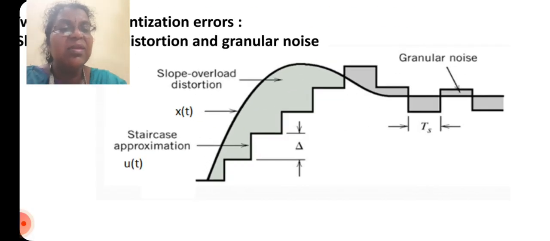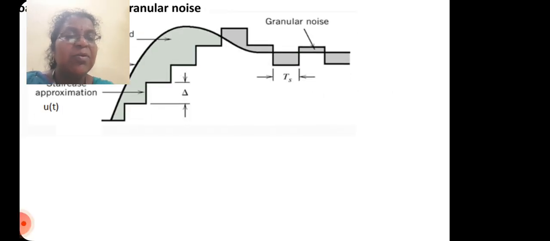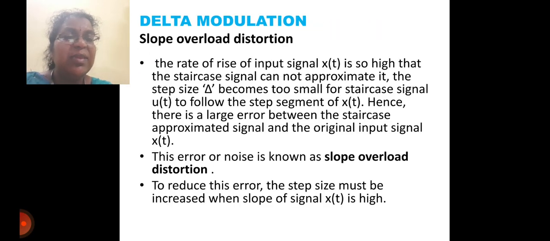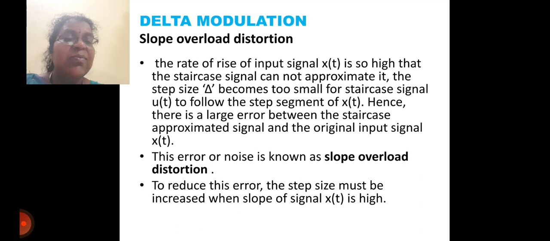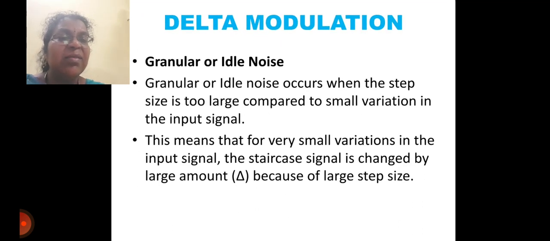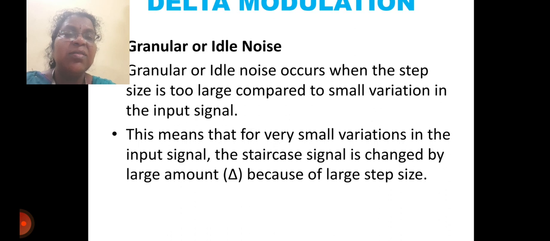So you can see there is a large error between x(t) and the staircase approximated signal u(t). This error is known as slope overload distortion. To reduce this, the step size must be increased when the slope of the signal x(t) is high. The next type of noise is granular noise or idle noise.